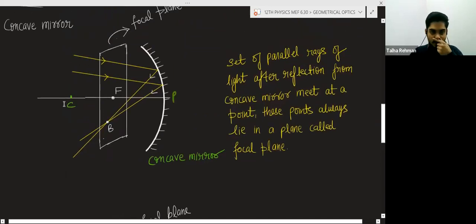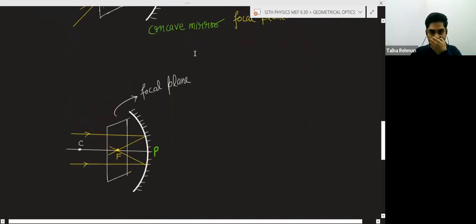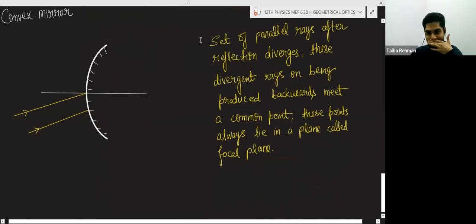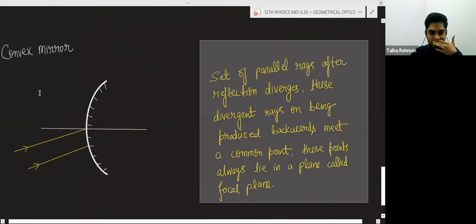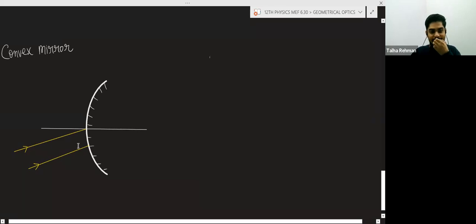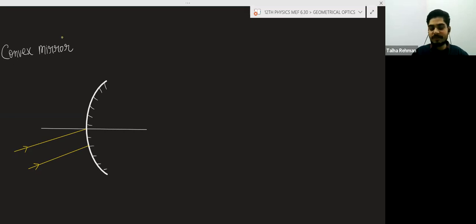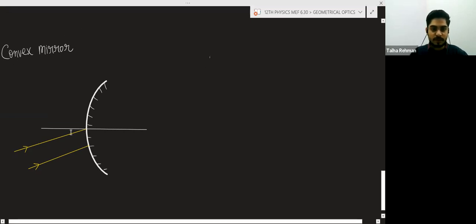Now we will discuss the focal plane for the convex mirror. So this is a convex mirror, and these are the parallel rays, and this is the principal axis. These parallel rays are striking the mirror like this. So reflection will take place.